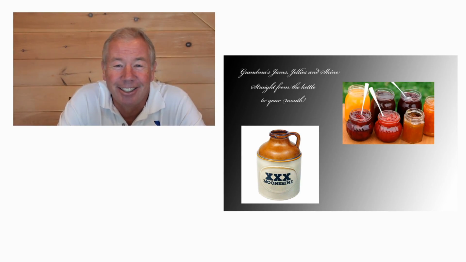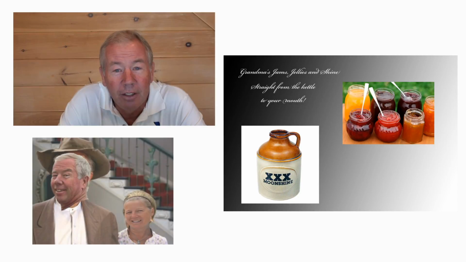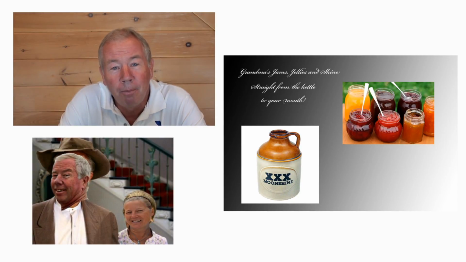Yeah, it's just too darn cute, so we're going to have some fun with this. They are elderly individuals living in Appalachia, the Appalachian Mountains of the United States, and they create and sell jams, jelly, and moonshine.